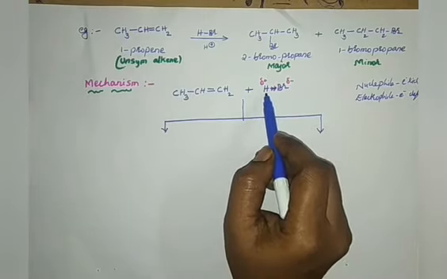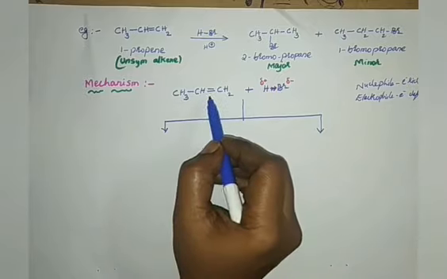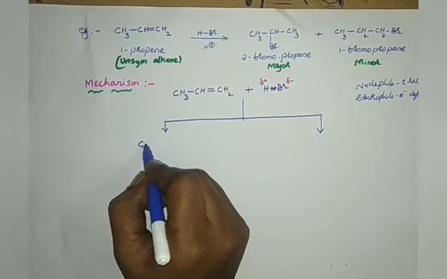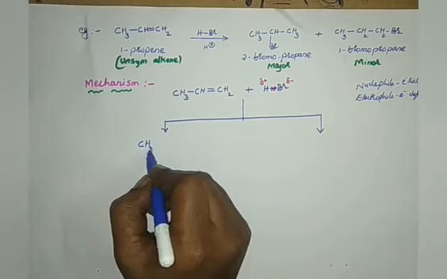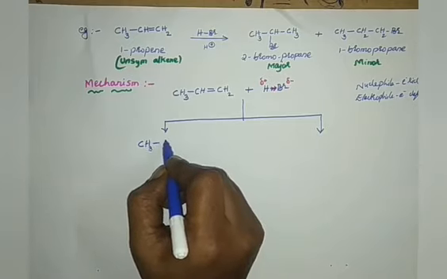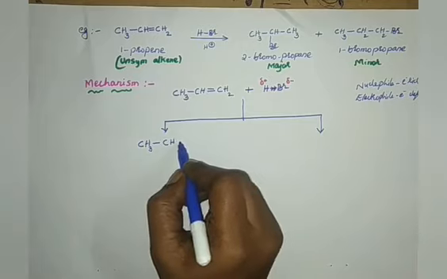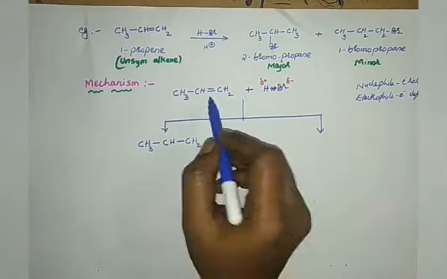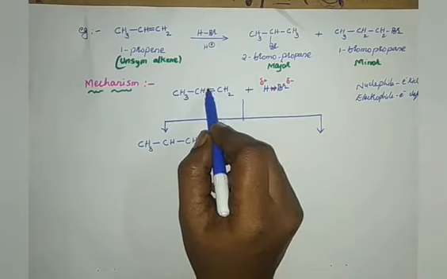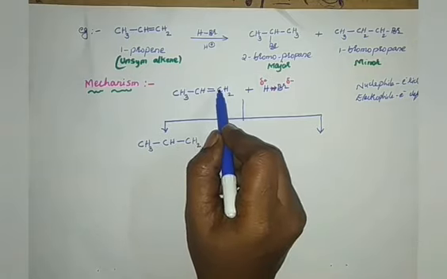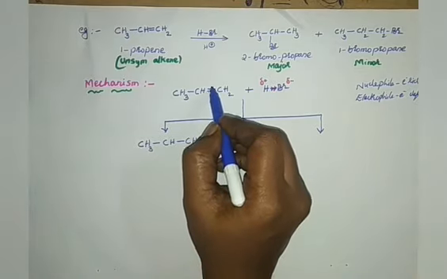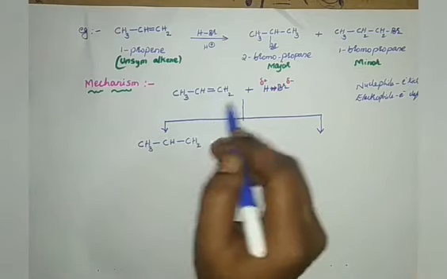So in order to take this H plus, I will write the polarization of this double bond. See, double bond, CH2. Here I am removing this double bond and writing the 2 electrons towards 1 carbon.